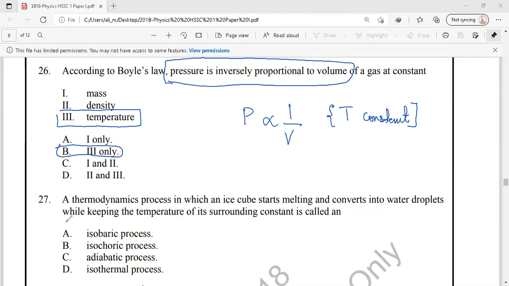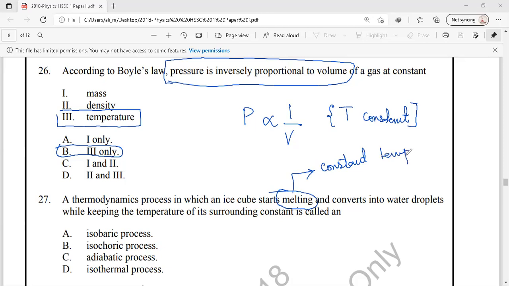Let's see question number 27. A thermodynamic process in which an ice cube starts melting and converts into water droplets. So here we have a thermodynamic process in which ice converts into water. And we know that melting is a process in which there is a change of state from solid to liquid, and the change of state occurs only at constant temperature.